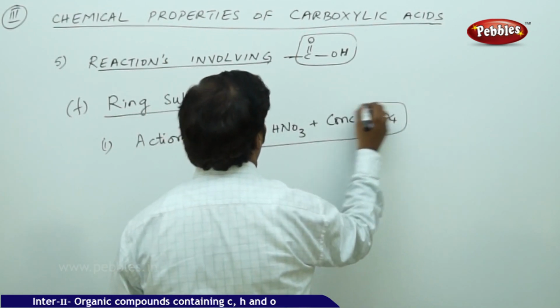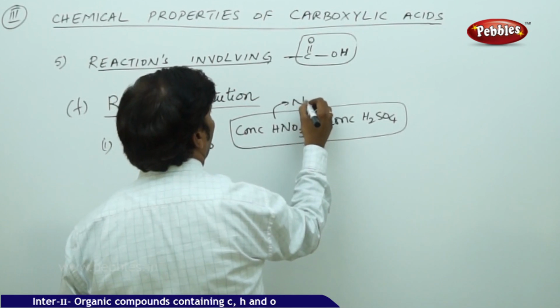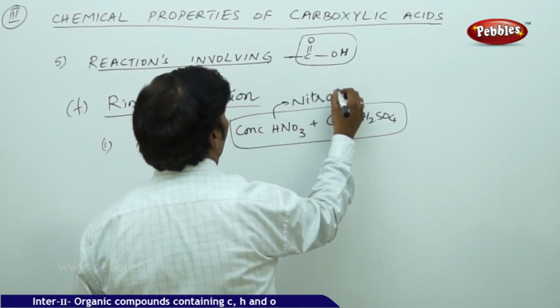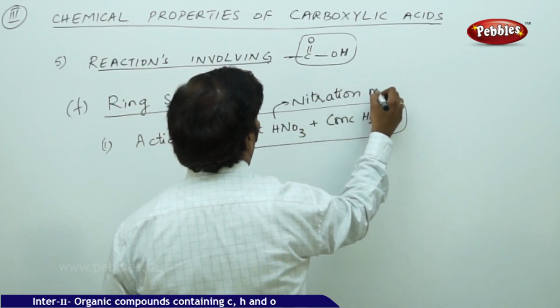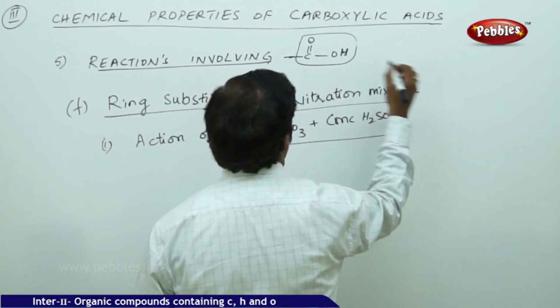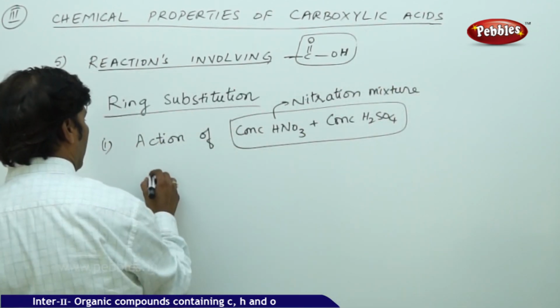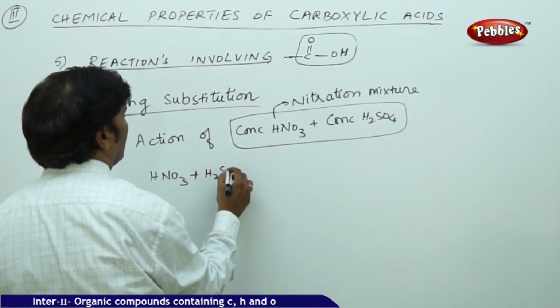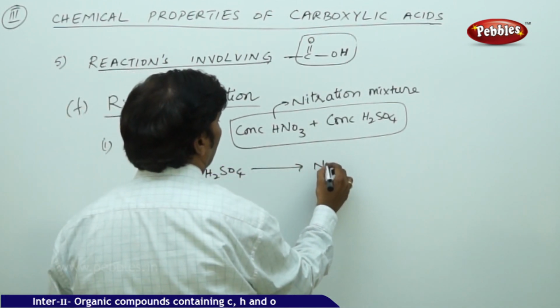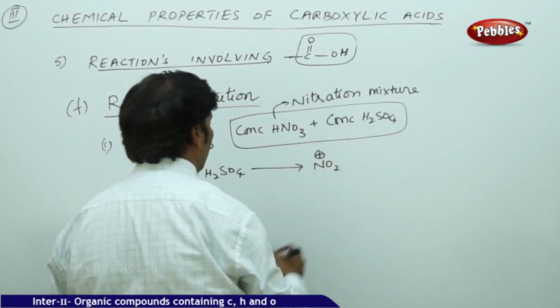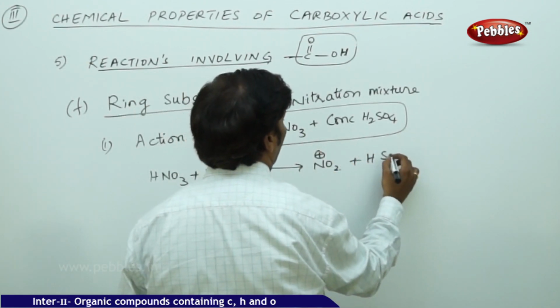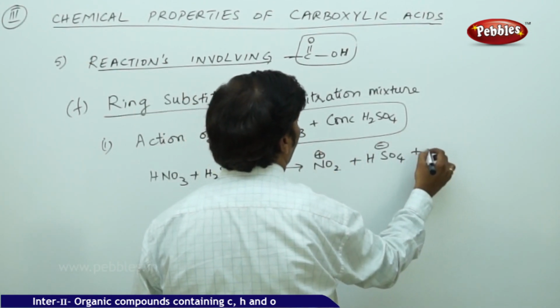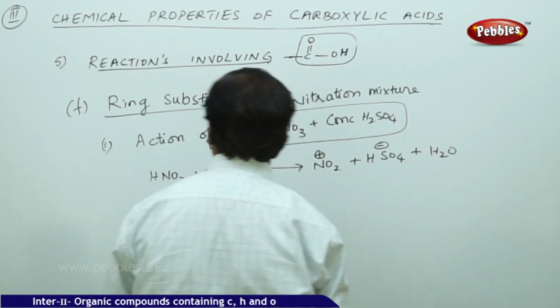This mixture we call it as nitration mixture. So HNO3 plus H2SO4 gives you NO2+ nitronium ion plus 1 bisulfate ion plus 1 H2O molecule.